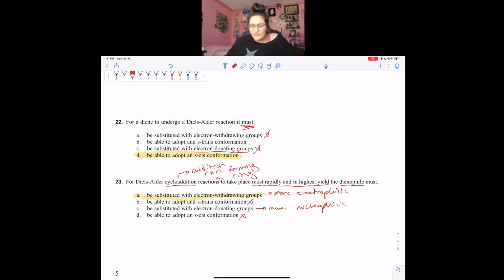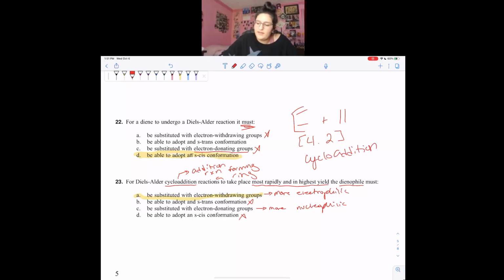Something I mentioned, maybe in tutoring: Diels-Alder reactions are called 4+2 cycloadditions, because we have 4 pi electrons here, 2 pi electrons here, and we form a ring. So another name is 4+2 cycloadditions.